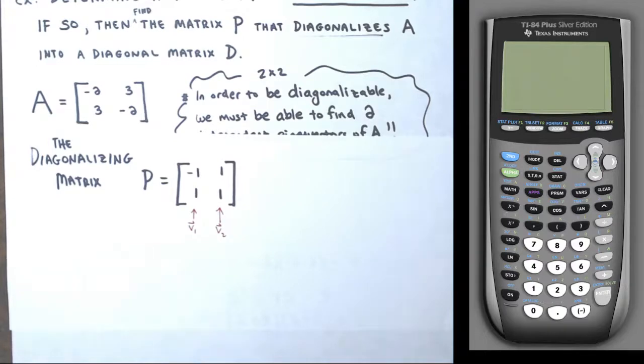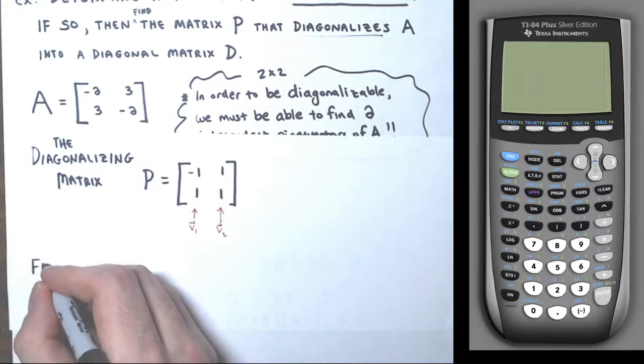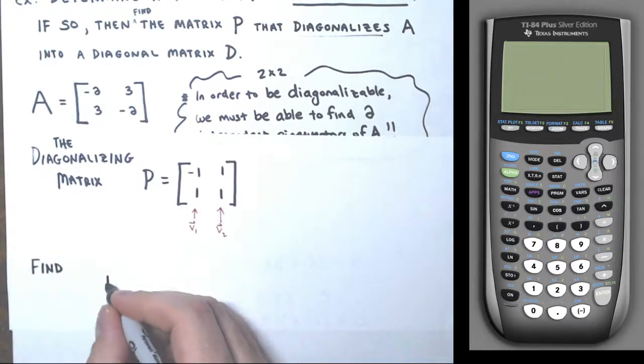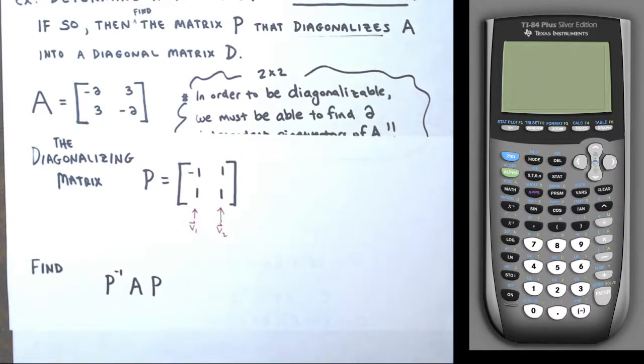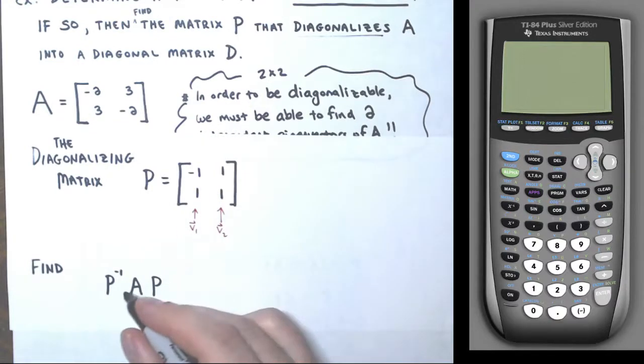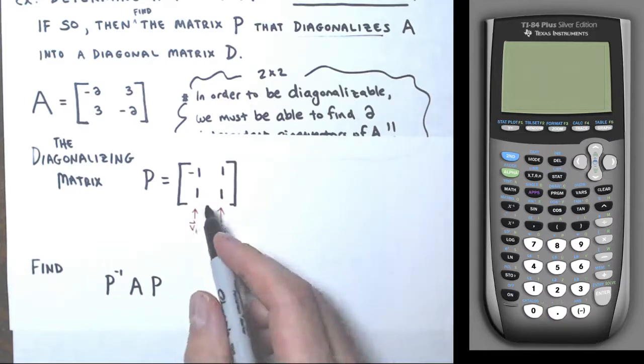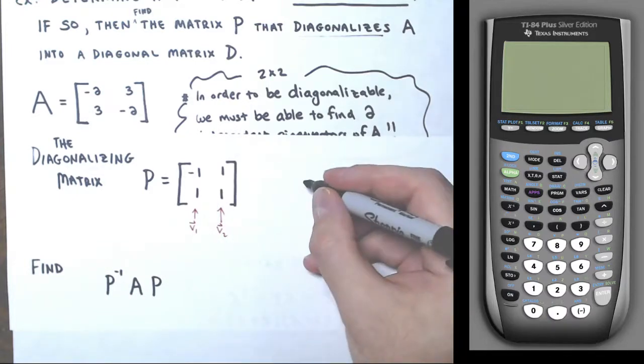So now let's find this product: P inverse times A times P. What we're going to see is that this will be a diagonal matrix where down the main diagonal the numbers -5 and 1, those eigenvalues, in the same order that I put the eigenvectors in, will appear. First I have to find P inverse. This is a 2 by 2, so that shouldn't be too hard.